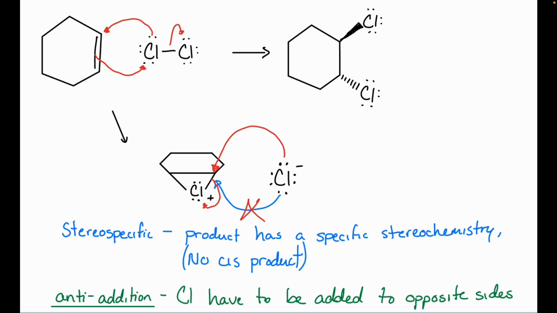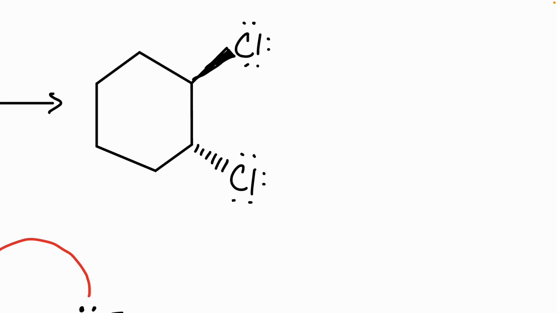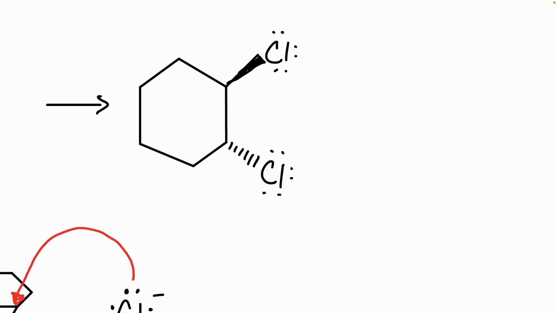All right, now there's one more thing we've got to be good about here. For this product here, is this a meso compound? It is not a meso compound, right? If it was the cis isomer, it would be, but it's not. So this is not a meso compound, which means I also have to include its enantiomer, right?